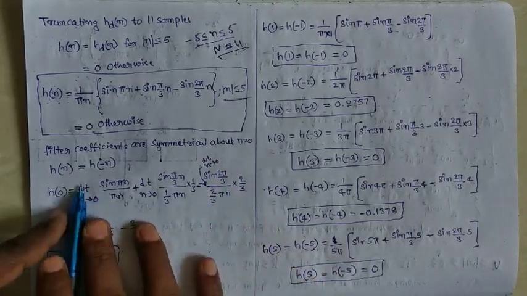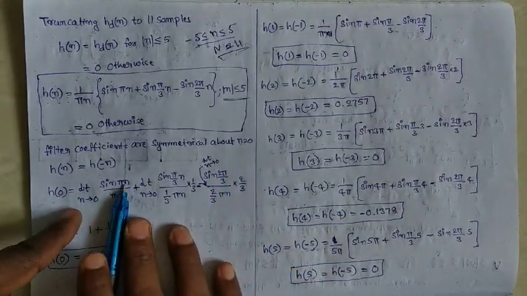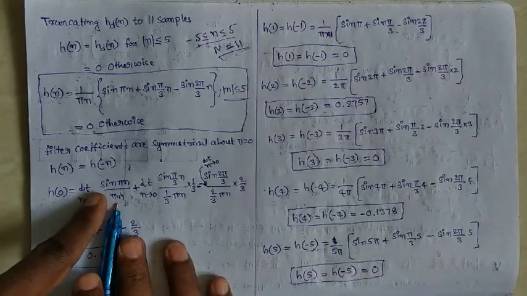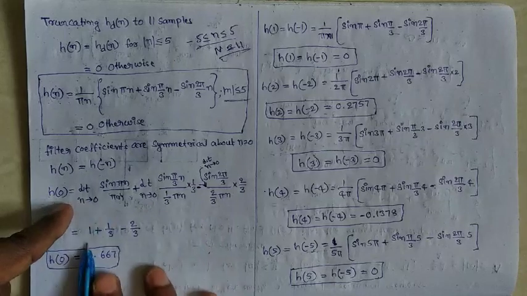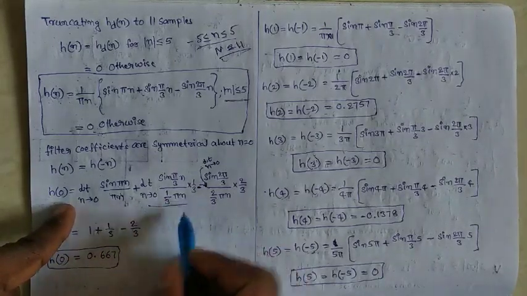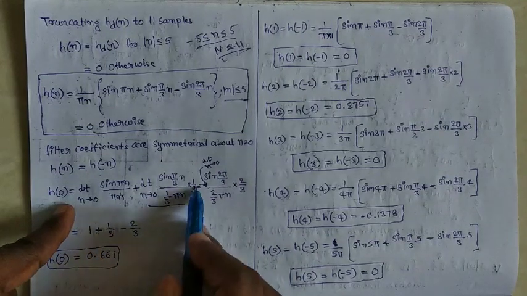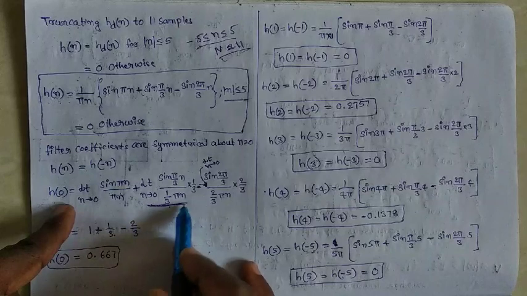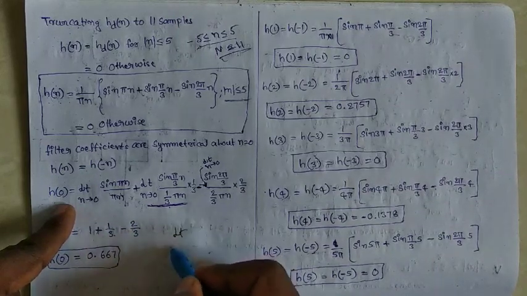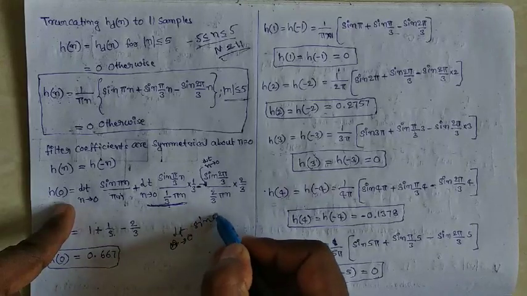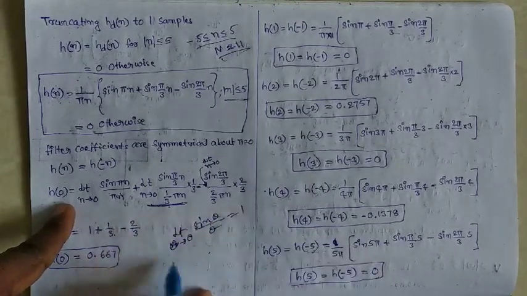Limit theta tends to 0 of sin theta by theta is equal to 1. So we have 1, plus similarly this term is 1 into 1 by 3, from the limits. Limit theta tends to 0 of sin theta by theta is equal to 1.